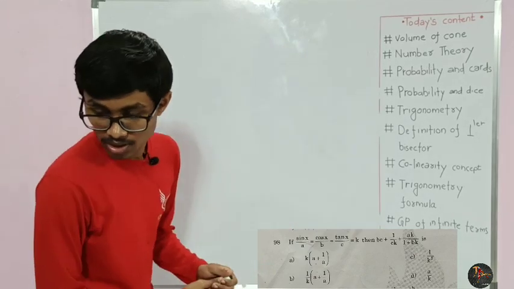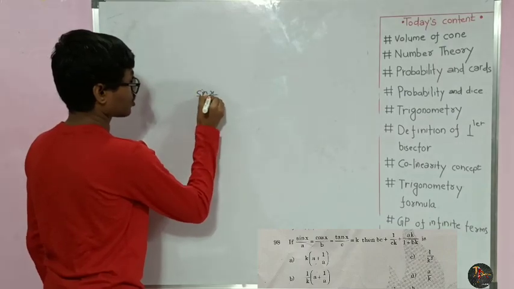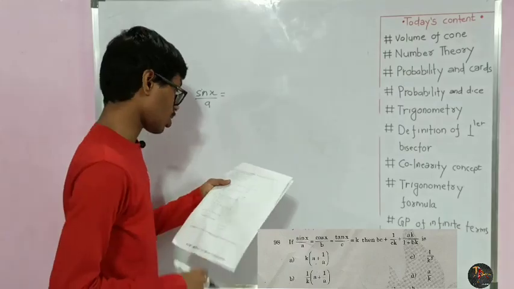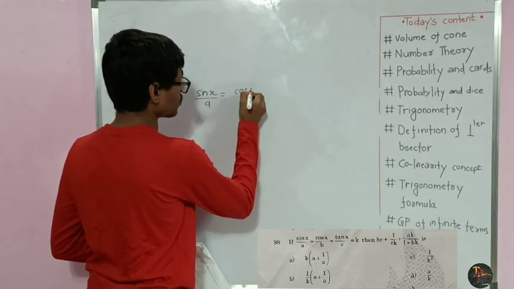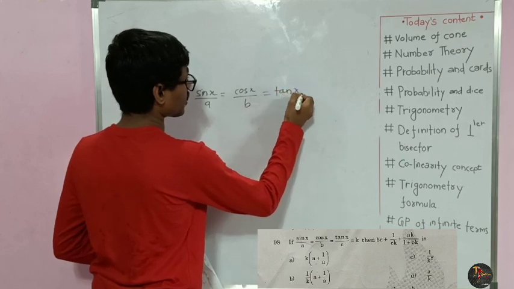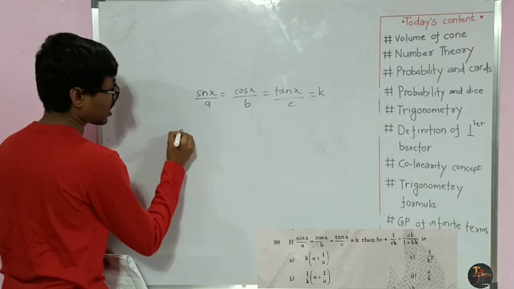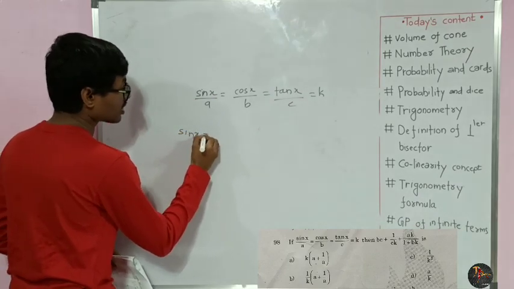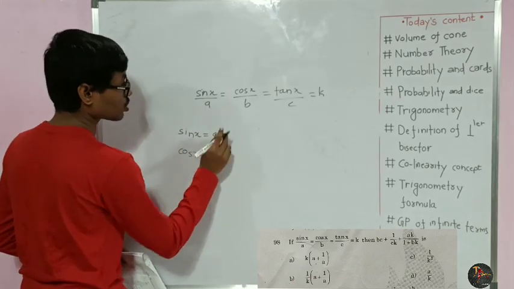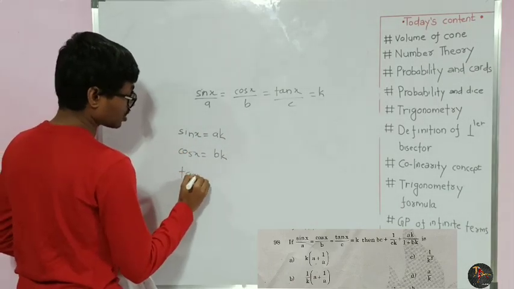Now if I write sin x from this, I get sin x is equal to ak, cos x is equal to bk, tan x is equal to ck.